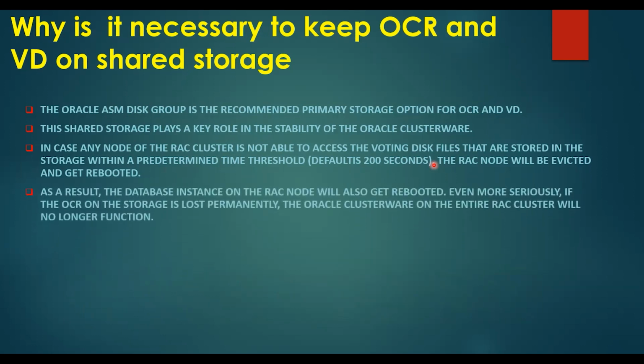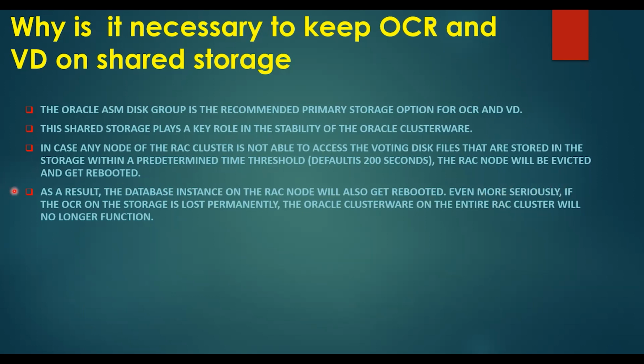Coming back to why we should keep the voting disk on the shared storage: the voting disk and OCR play a very significant role, so they have to be on the shared storage. The database instances on the RAC node will get rebooted, since once your cluster is rebooted, by default your database is also restarted.